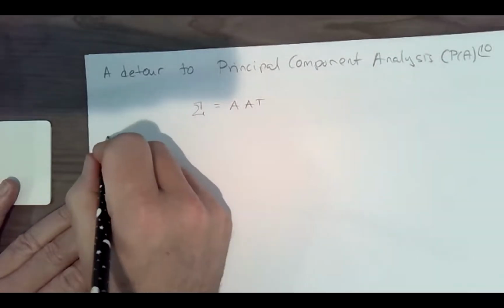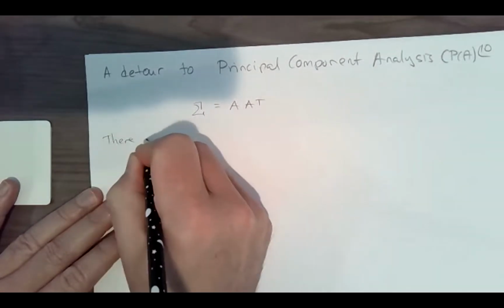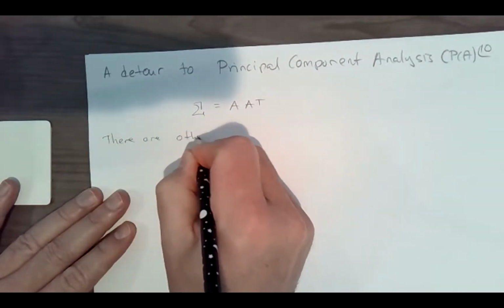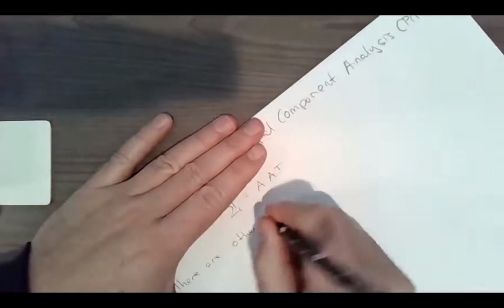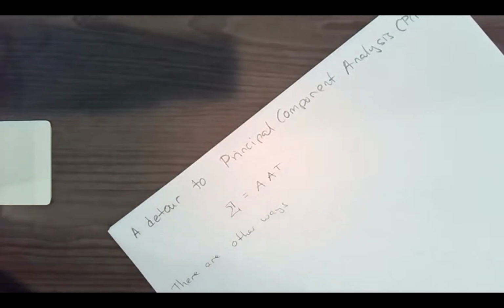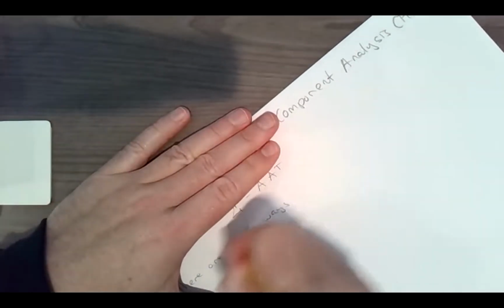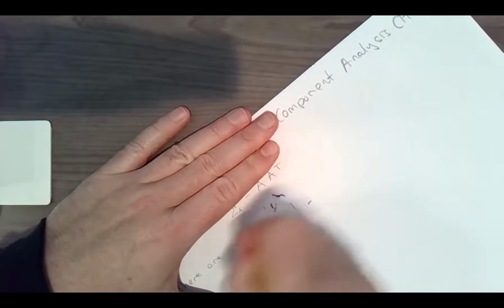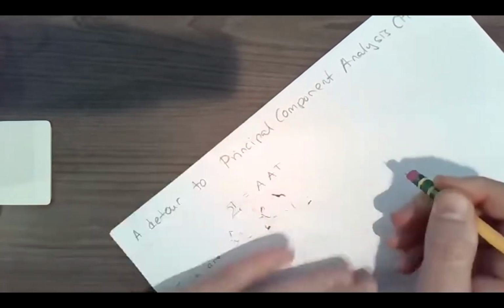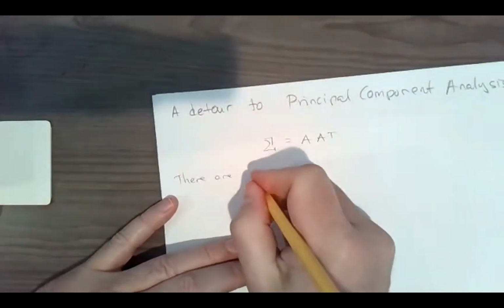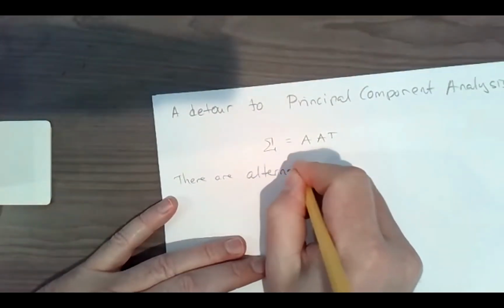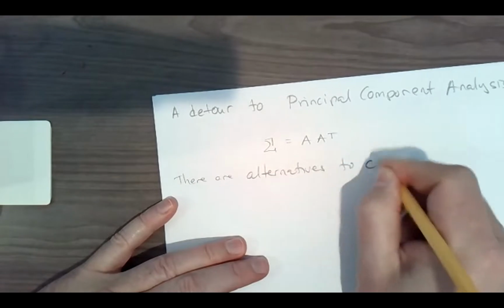There are many ways to do this. There are alternatives to Cholesky. Cholesky is the one that everybody favors because it has this triangular structure, so it's very easy to work with. So there are alternatives to Cholesky.